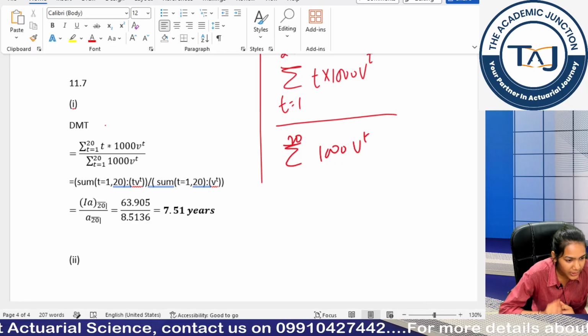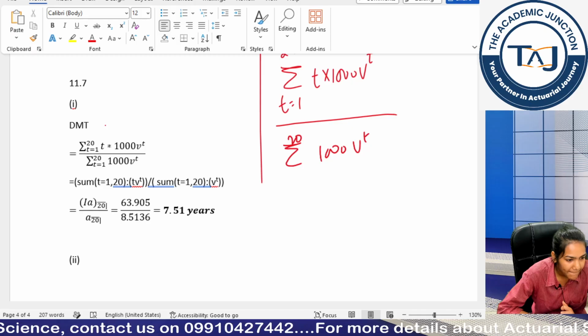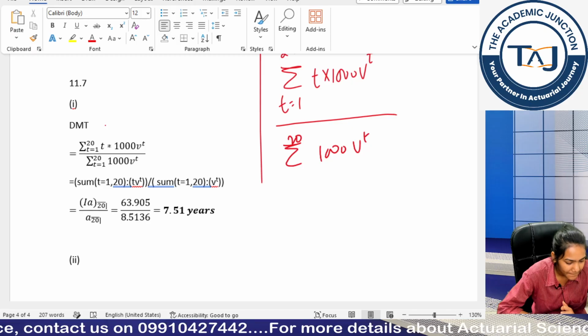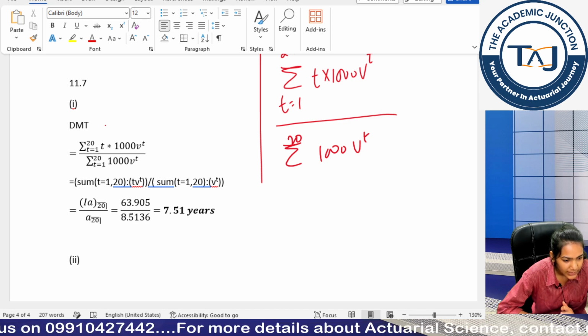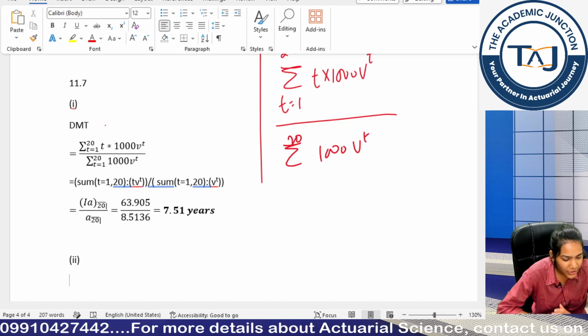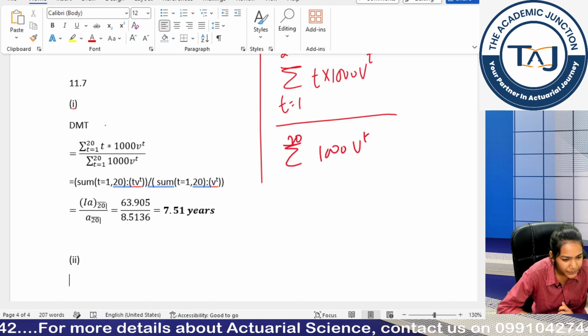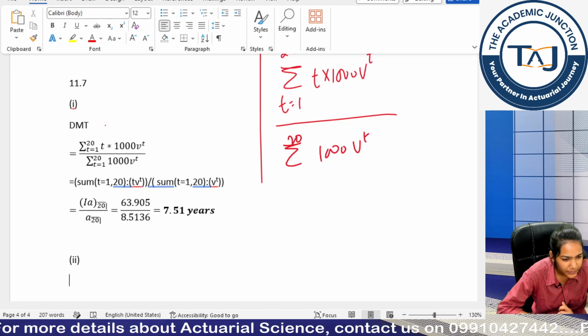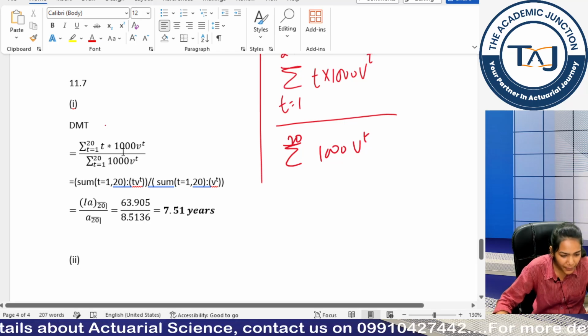Praveen done, Rashika done, Tanisha and Ishika, anything? Rest of the students, any doubt? Ho gaya? Shall we move forward to the second part? Okay, let's move forward to the second part.